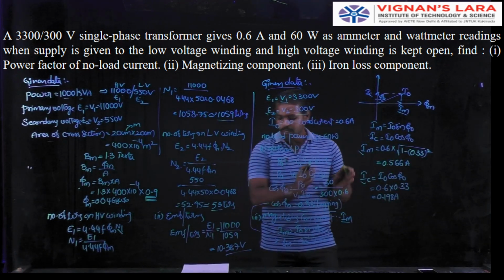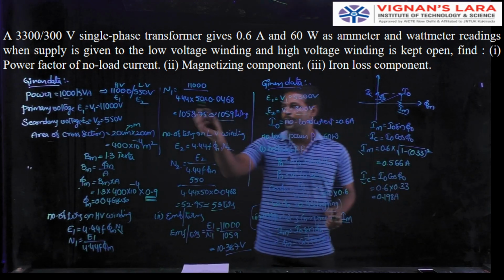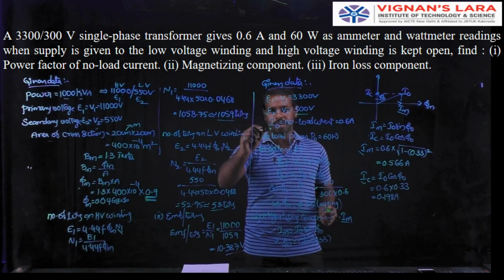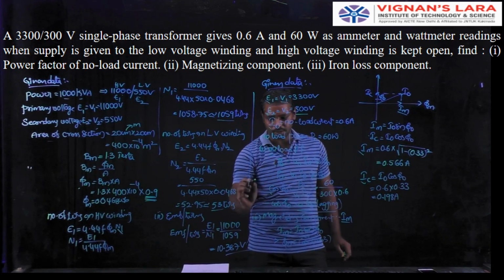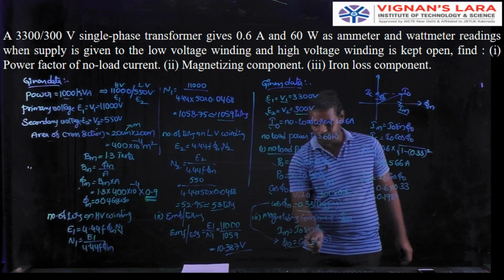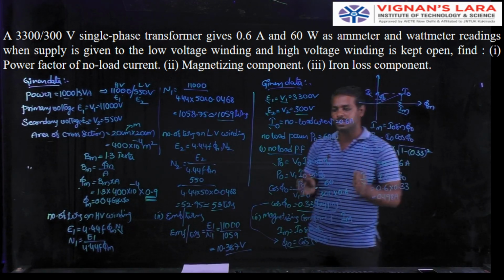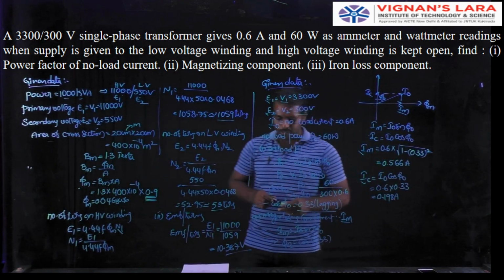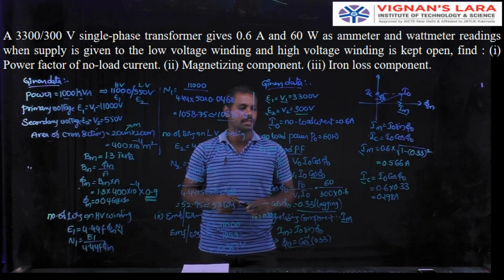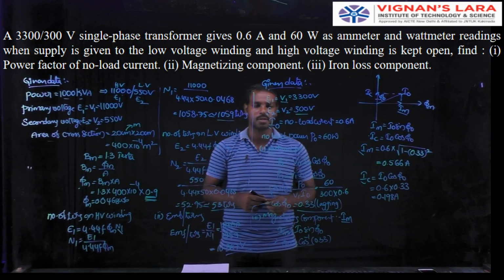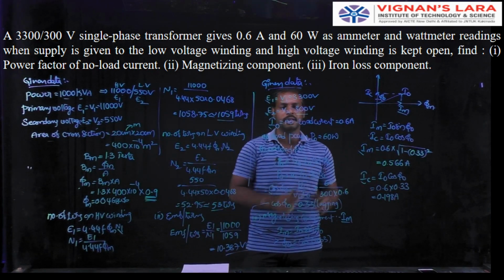These are the two expressions for the rating of a transformer: E1, E2, I naught, P naught value, no load power factor phi naught, and finally Im and IC. These are the solutions of the given problem. Next class onwards, we will discuss phasor diagram related problems. Thank you.